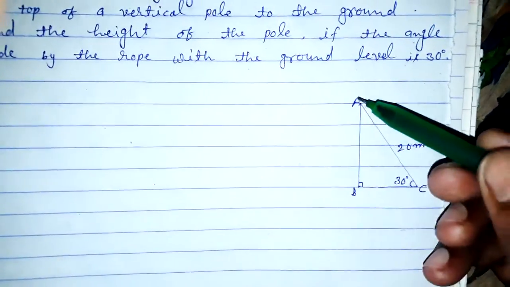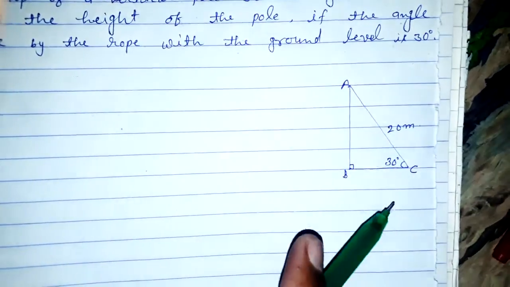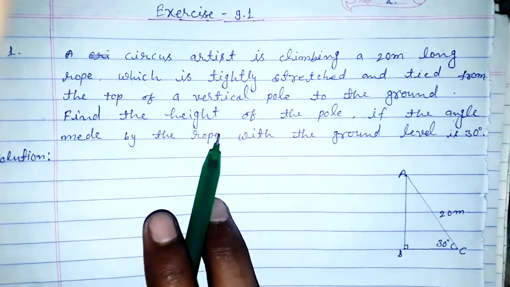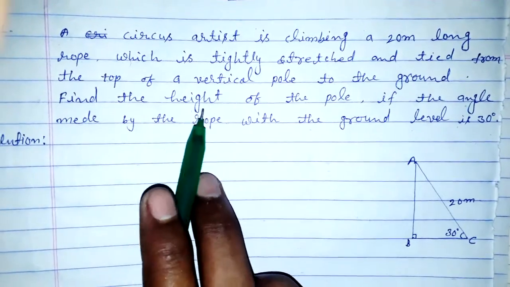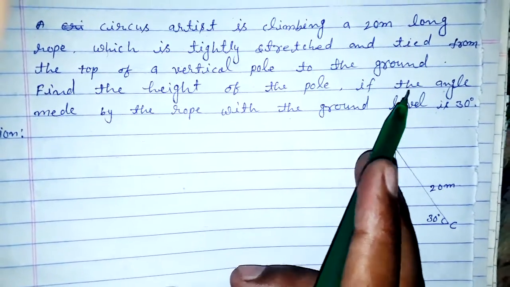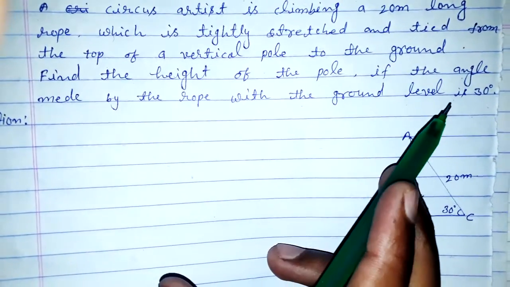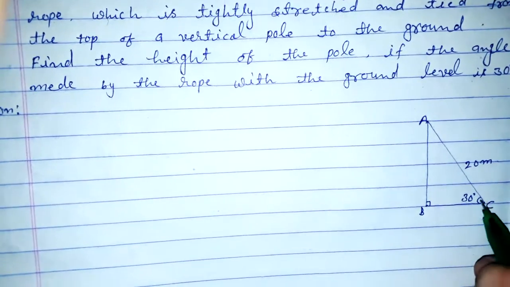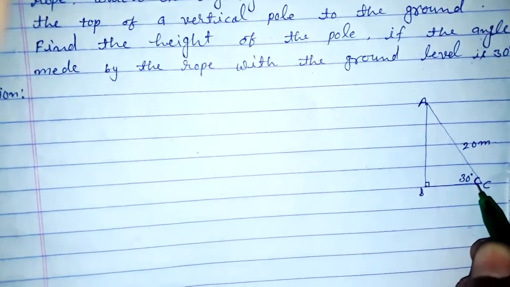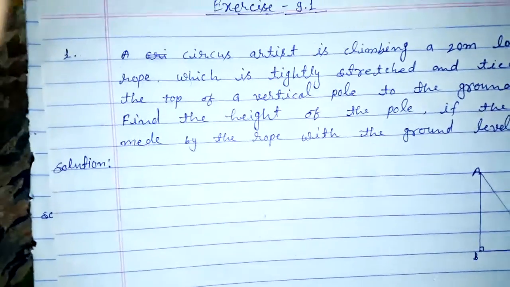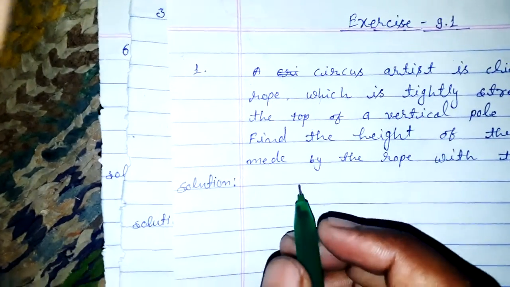Means here this is the vertical pole and this is the rope. Find the height of the pole if the angle made by the rope with the ground level is 30 degree. Here the angle is 30 degree. Solve this question.